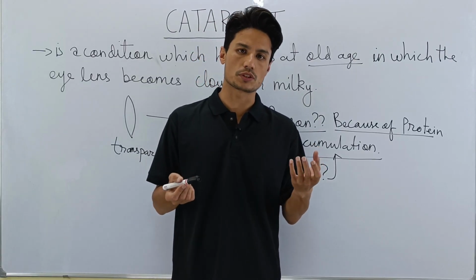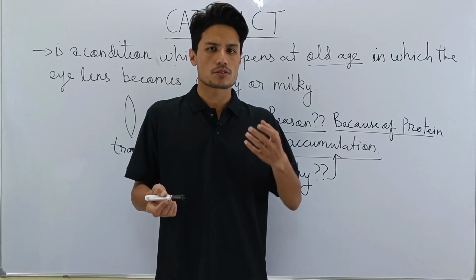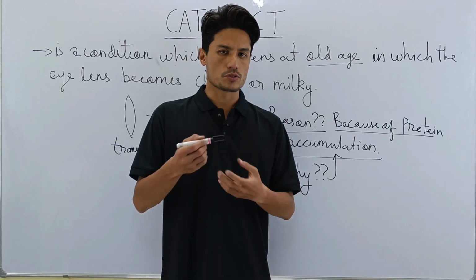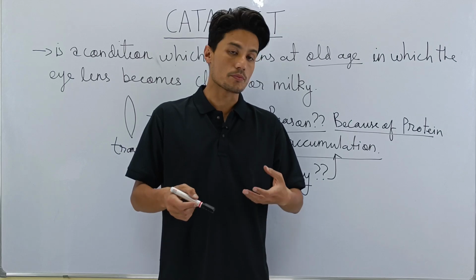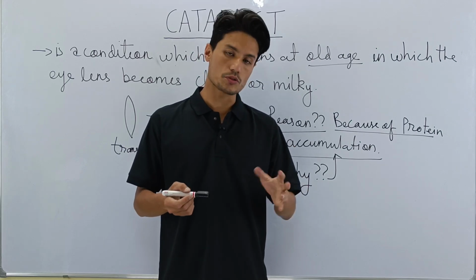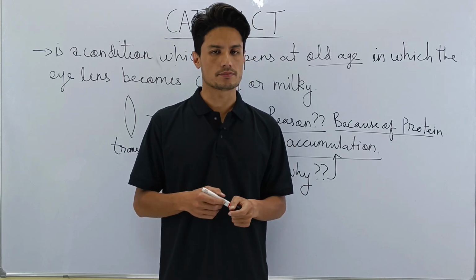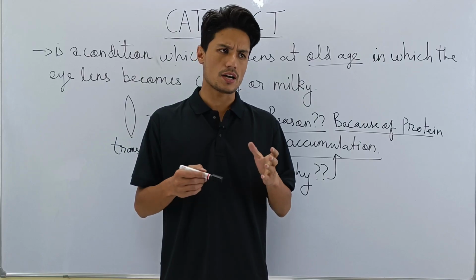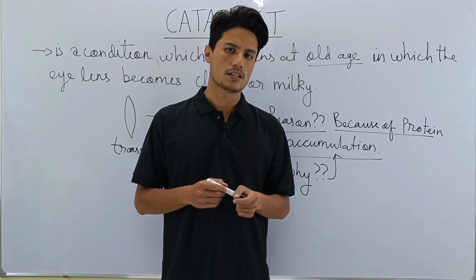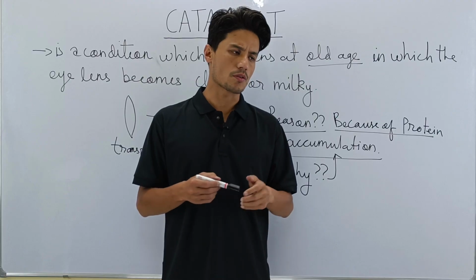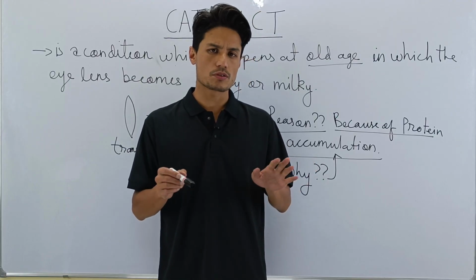Meat is a rich source of protein, egg is a rich source of protein. The protein that we consume is used for building up the body. It helps you to grow, repair cells and all that. But as we grow old, our metabolism decreases. Now when we grow old, our locomotion, our movement also gets restricted.